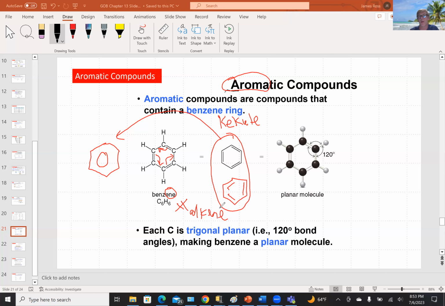Alkenes don't have aromaticity. Aromatics do. So if this was just a cyclic alkene, we would just call it a cyclic alkene. But it's not. It's got this other emergent property, aromaticity. So again, for us in this class, it's important to know that it is not an alkene. It doesn't behave like an alkene. It behaves like an aromatic compound.